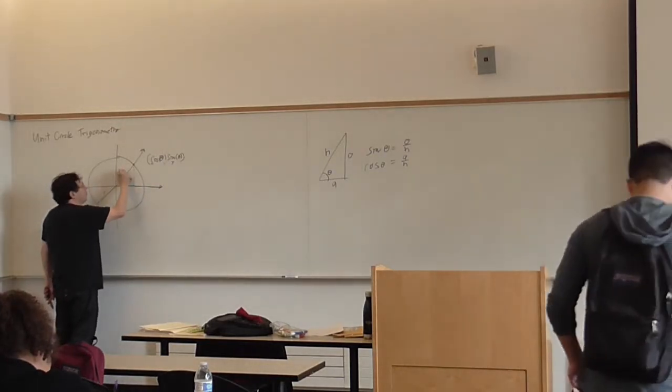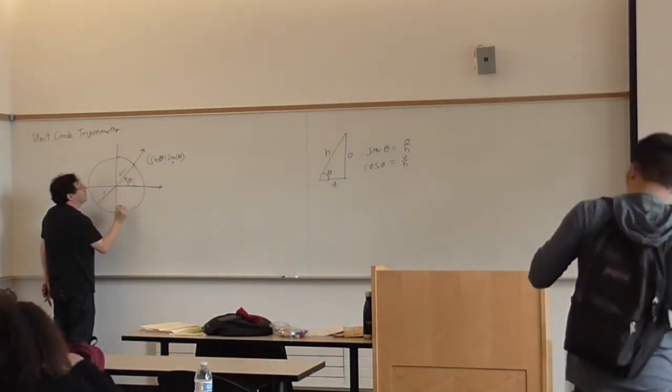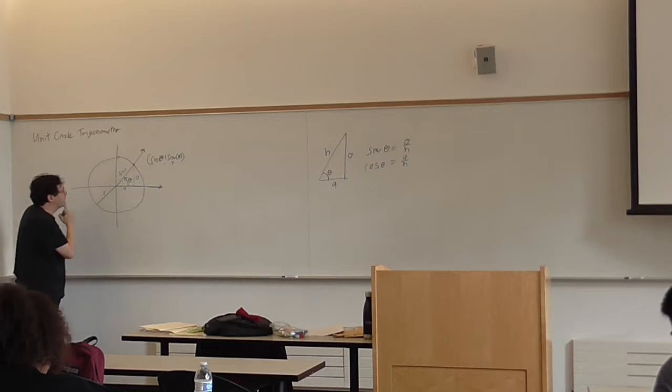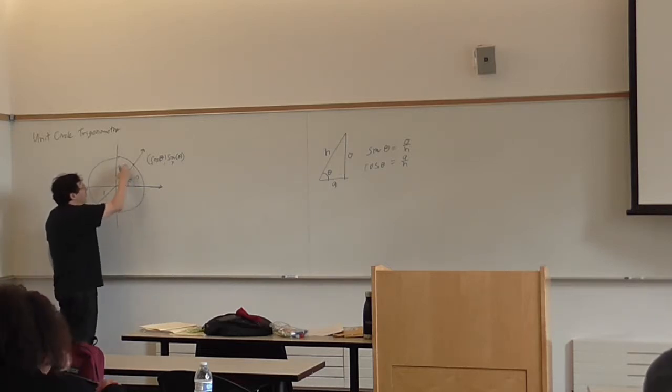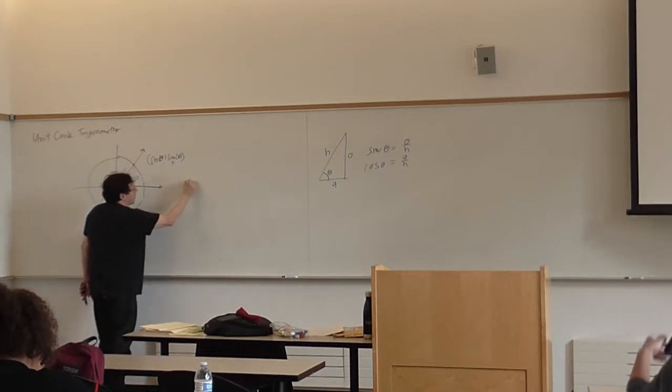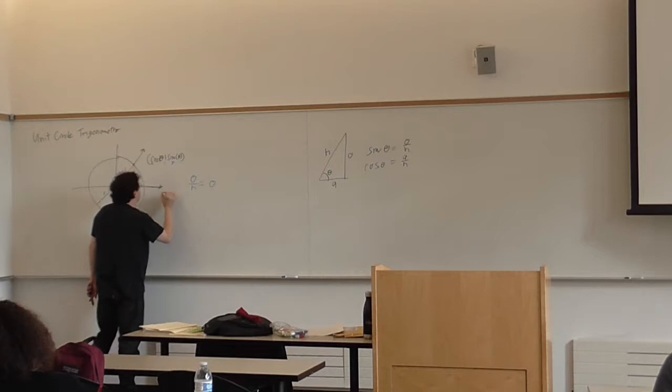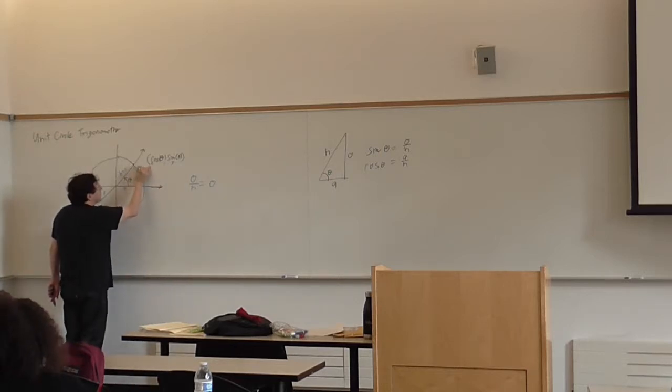We have a hypotenuse, that's 1. We have an opposite, and we have an adjacent side. And we know the opposite over the hypotenuse, that's just the opposite. That's just this distance here.